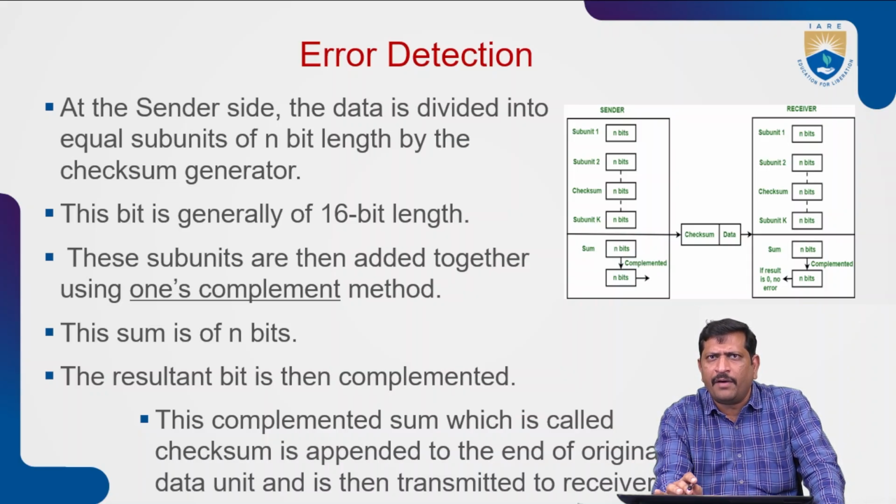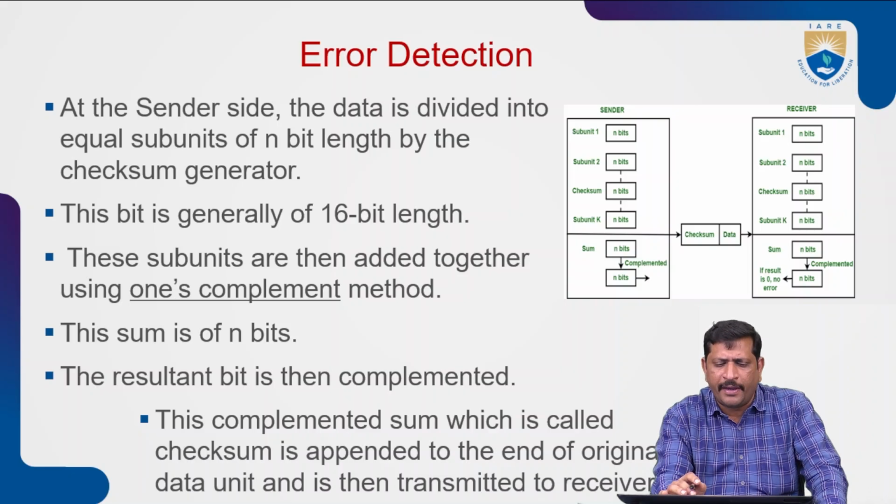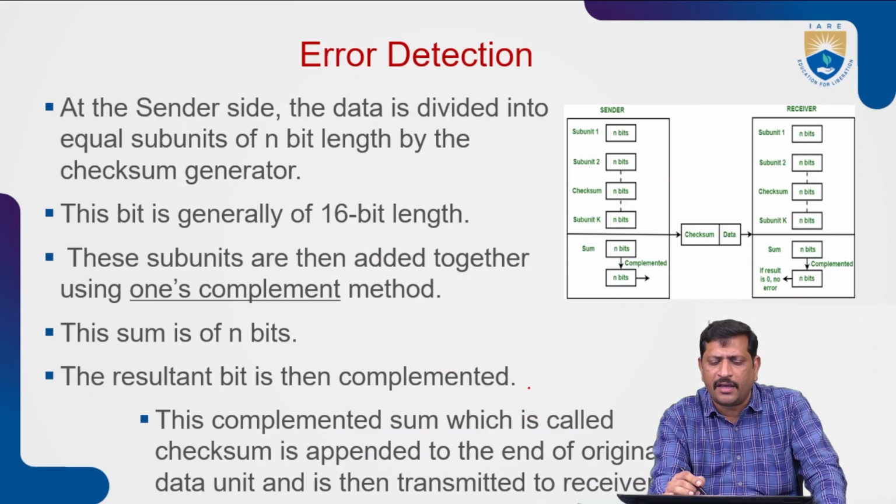The subunits are added together using the ones complement method, and by adding all the subunits together we get the sum of n bits. The resultant bit is then complemented, and this complemented sum is called the checksum.